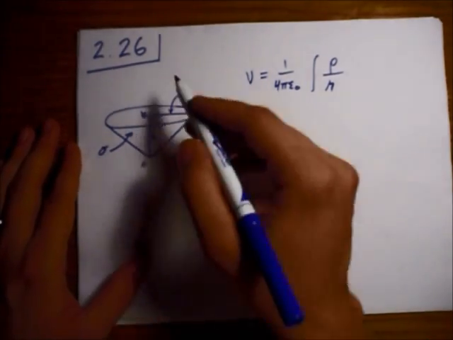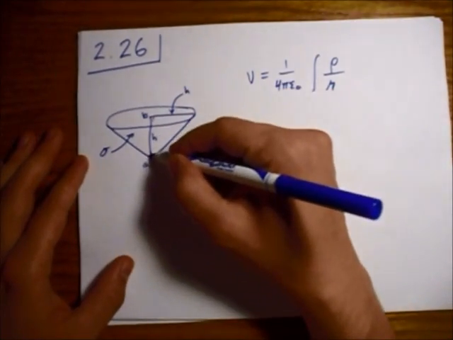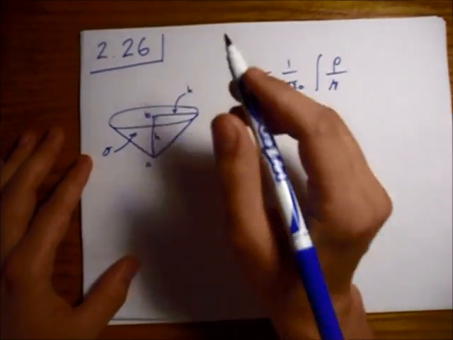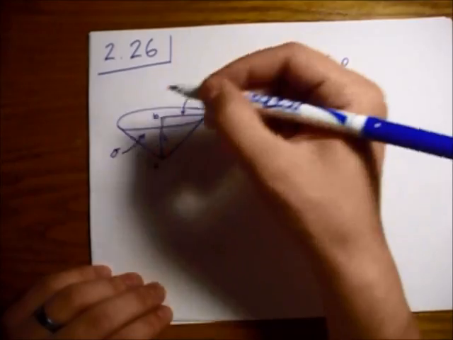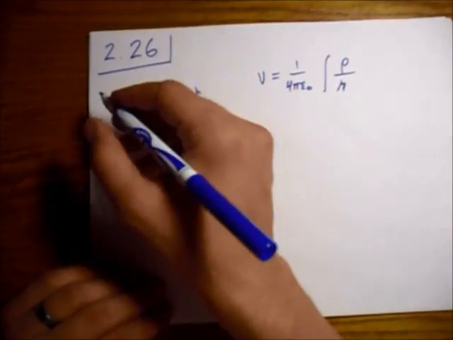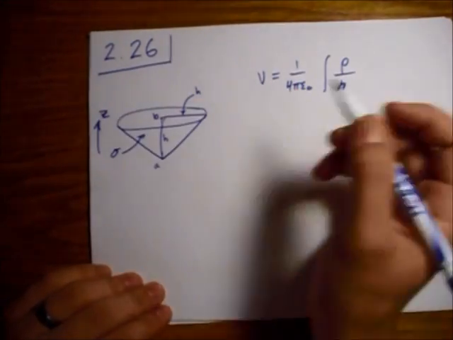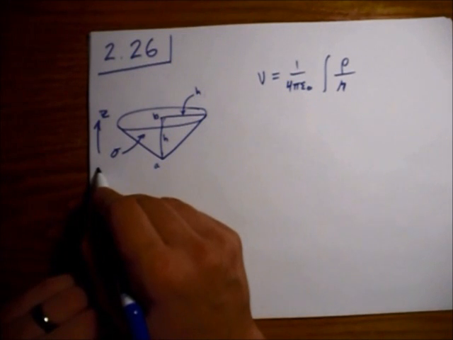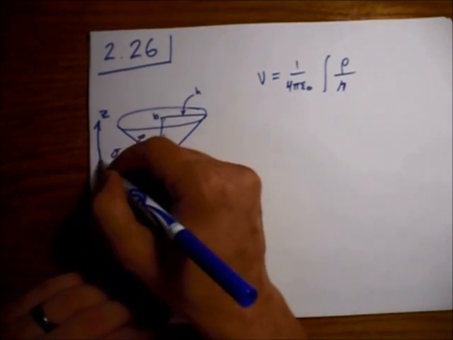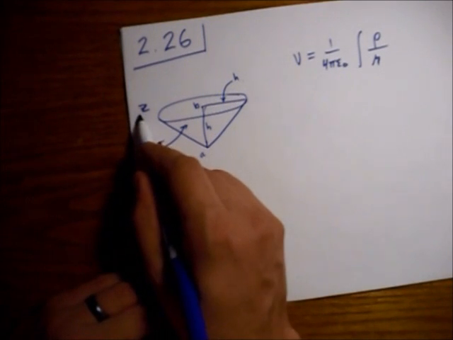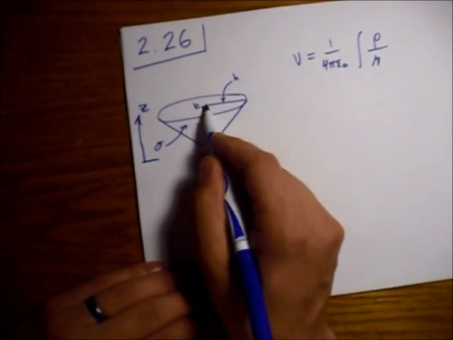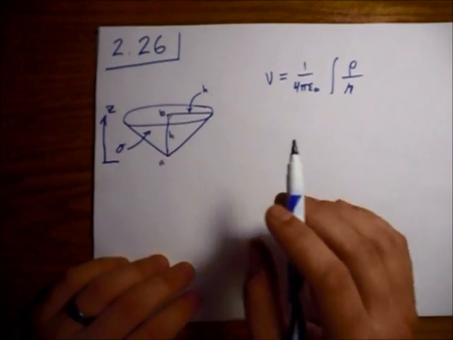I'm going to just integrate along z. I'll use z as the variable of integration, with z being 0 at point A, and then going up to z equals h here at the base of the cone.